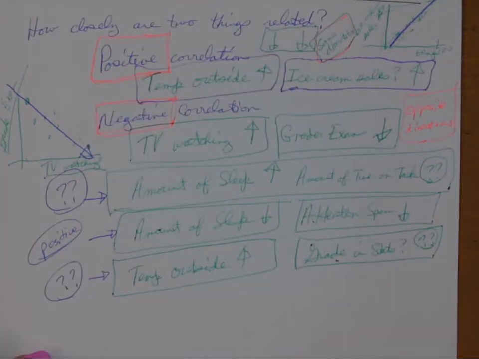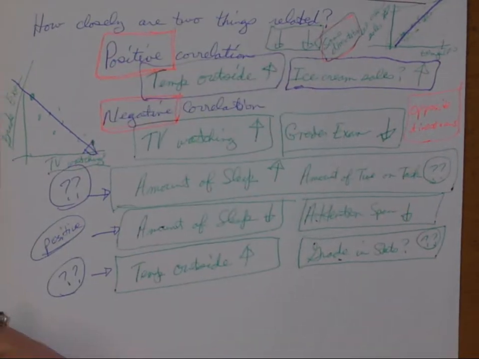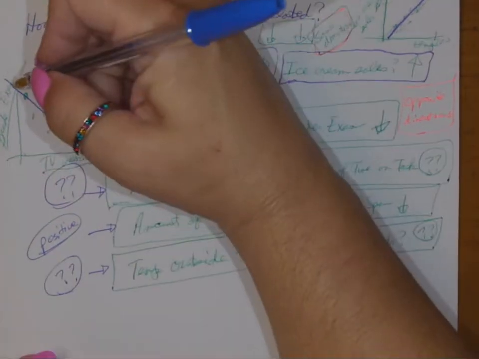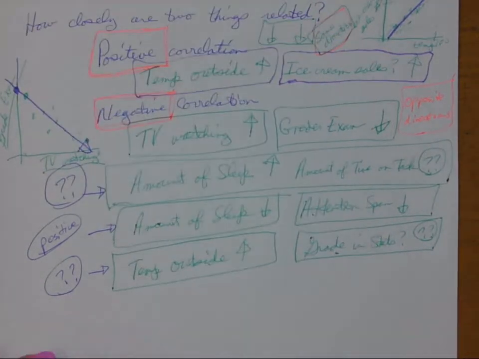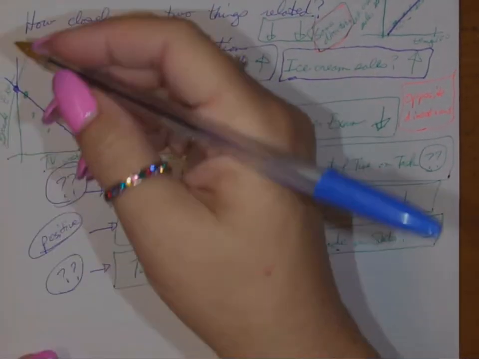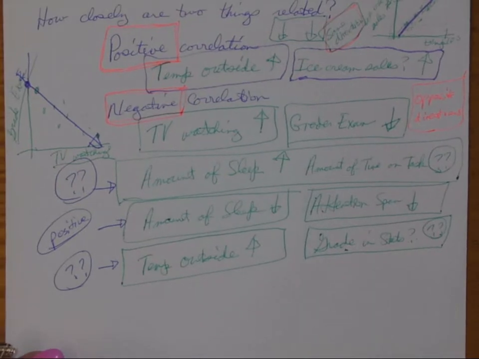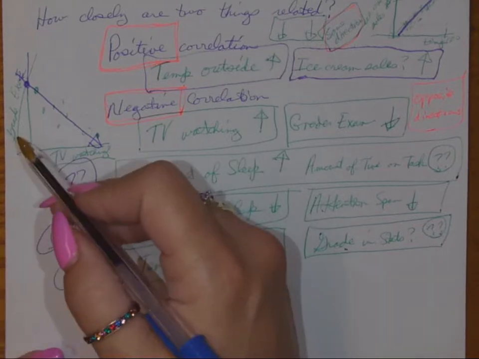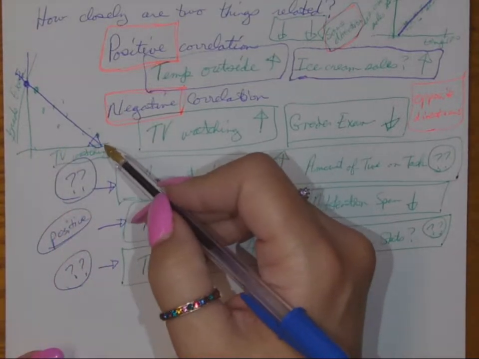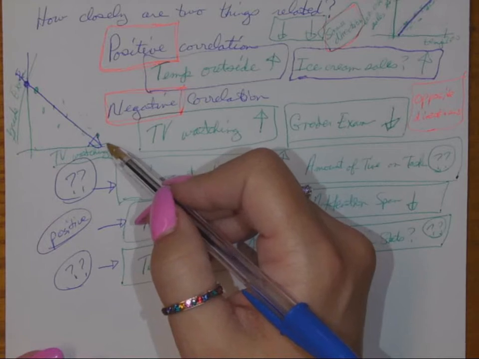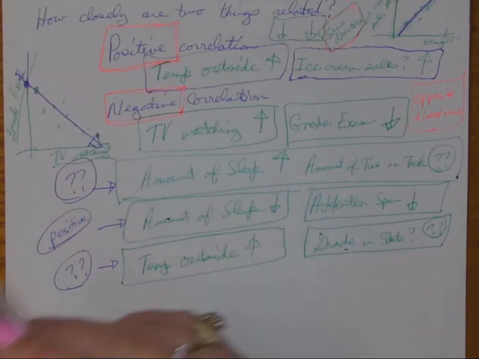Or a negative slope to that line, if you wanted to think about it that way. And it would have to stop here, right? Because I can't do negative hours of watching TV, so it wouldn't be back there, but I don't have an eraser. Okay, so that's a definite negative slope or a negative trend, a downward trend here. As my TV watching gets really high, my grade might really stink here. Okay, so it's going down.